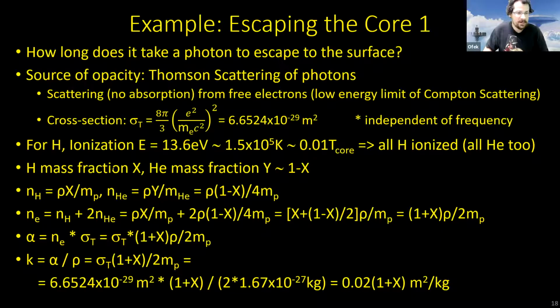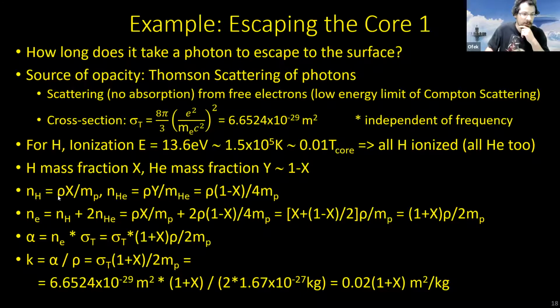If we then consider that the mass fraction of the core of the sun that is hydrogen is X, and assume all the rest is helium, so Y, the helium fraction, will be 1 minus X, we can calculate the number densities of hydrogen atoms or ions and helium ions.